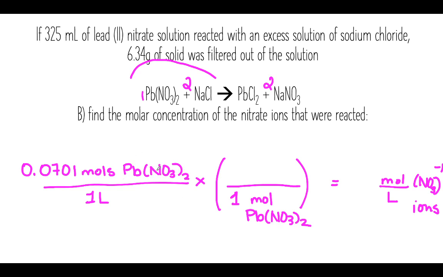In 1 Pb(NO3)2 there are 2 nitrate ions, 2 moles of NO3 minus 1. So if I plug this into the calculator, 0.0701 moles of Pb(NO3)2 times 2 will give me 0.140 moles per liter of nitrate ions.